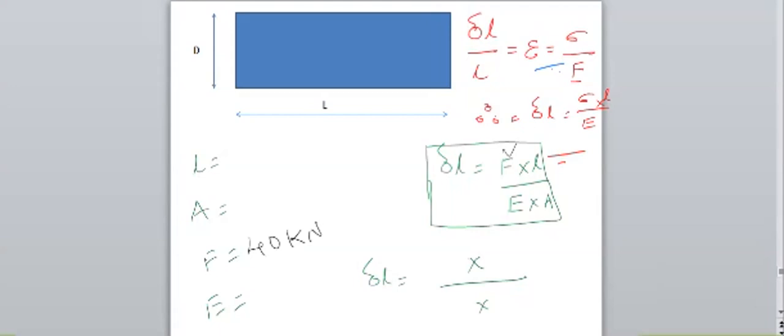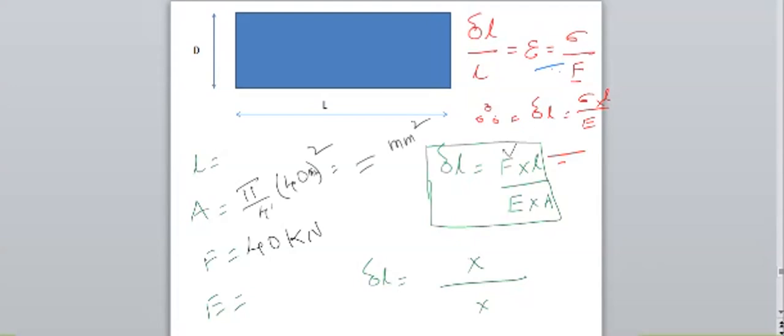Next, we need to find the area because he had given the diameter in mm, so the area will be in mm square.